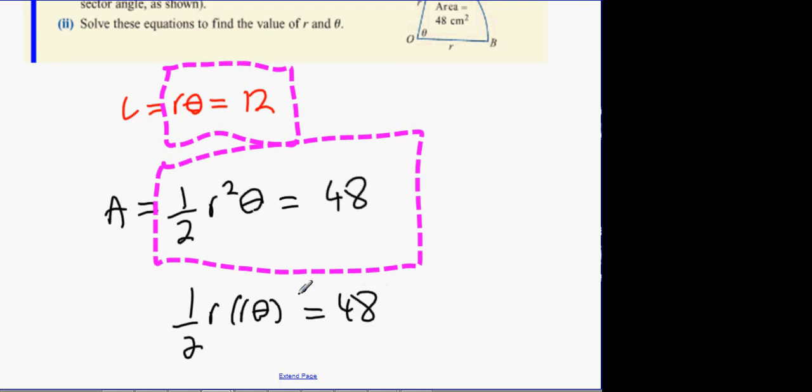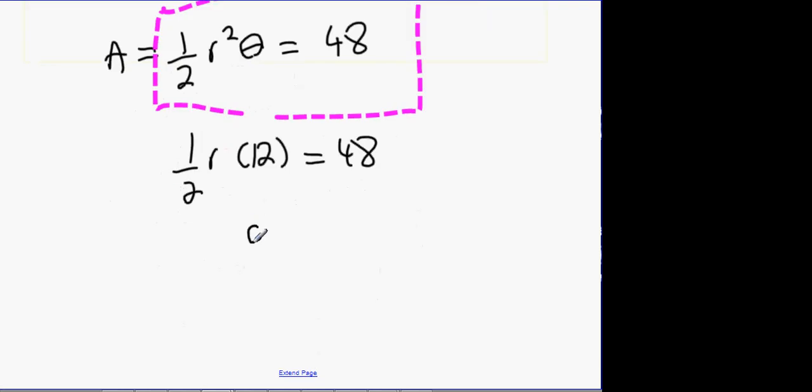Why did I arrange it like that? Because the r theta is equal to L, so in effect this here can be replaced with 12. So what is a half of 12 multiplied by r? 6r. 6r equals 48. r therefore equals 8.